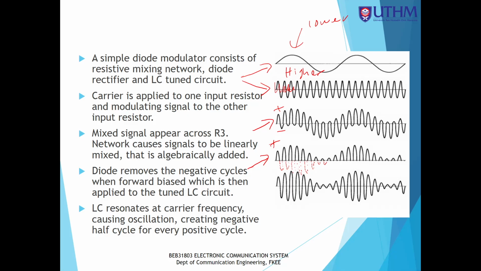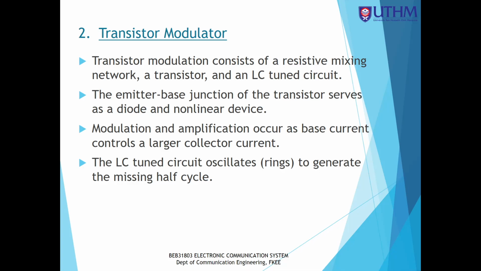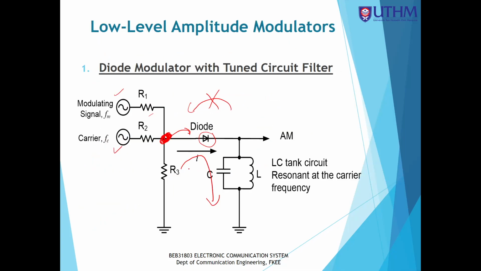Remember that during the positive cycle of the output signal, the LC tank circuit will be charging. So during the positive cycle of the signal, the LC tank circuit will be charging.